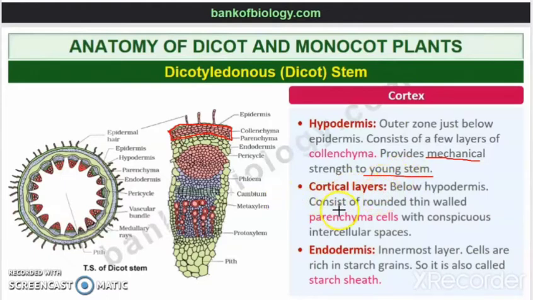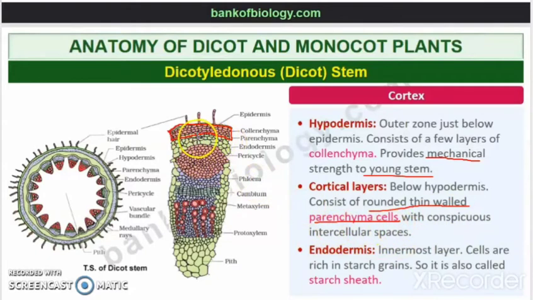And then comes the cortical layer. Right, so what is this cortical layer? Below the hypodermis, it consists of rounded, thin-walled parenchyma cells. Right, so it was the collenchyma cells just below the epidermis, and this cortical layer consists of round, thin-walled parenchyma cells with conspicuous intercellular spaces, which means that clearly visible intercellular spaces are seen in this layer.